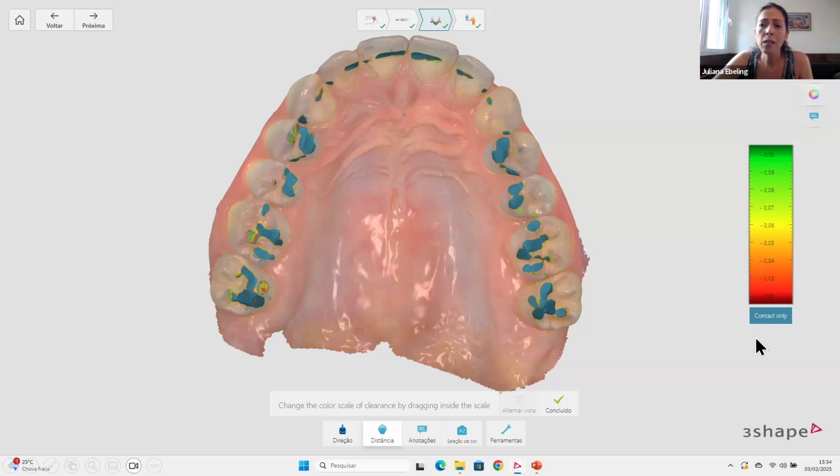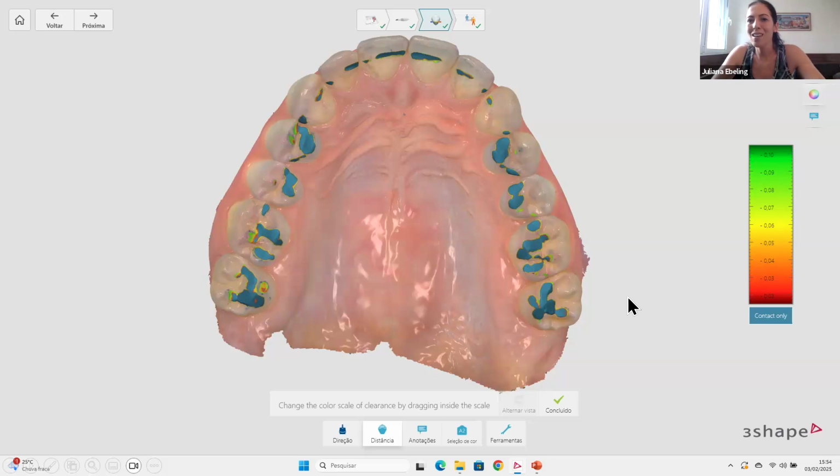So when I activate the occlusogram from the scanner, I register the same thing I saw with the papers: a good distribution, yes, but large contacts. But I still don't know how the intensity is between these contacts.